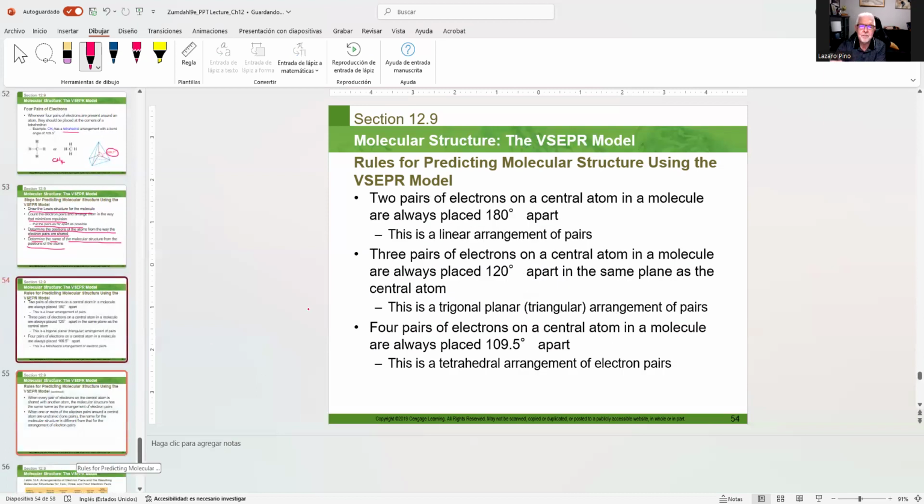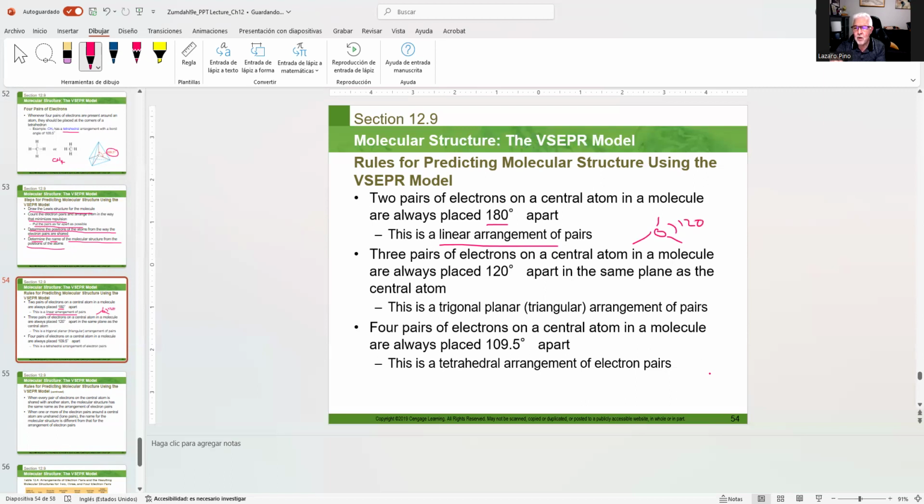For example, 2 pairs of electrons on a central atom in a molecule are always placed 180 degrees apart. This is a linear arrangement. When we have one central atom and three atoms around it, the atoms try to get a trigonal structure, and the angle is 120.